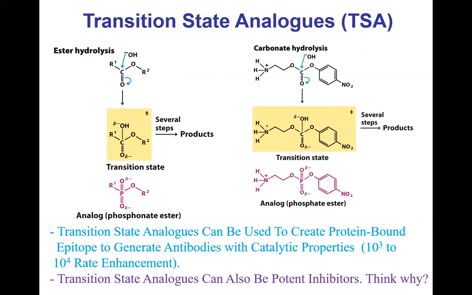Okay, with that, I want to talk about transition state analogs. Remember what I've been telling you. Enzymes are the best catalysts because they preferentially stabilize the transition state of the reaction. They don't preferentially stabilize substrates or products so much, but they preferentially stabilize the transition state.